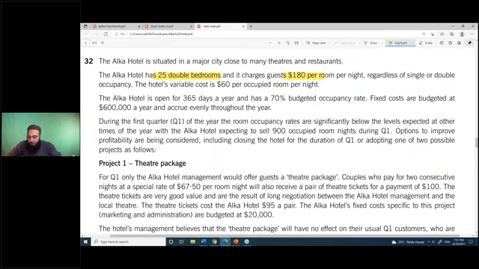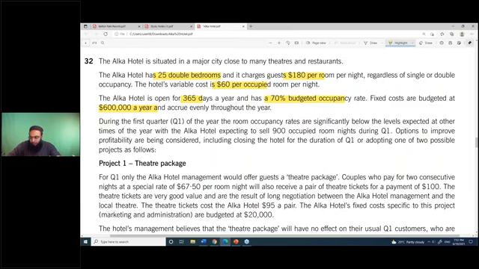The hotel's variable cost is 60 per occupied room per night. The Alka Hotel is open for 365 days a year and 70% of the budgeted occupancy rate. Fixed costs are budgeted at 600,000 per year and accrue evenly throughout the year.